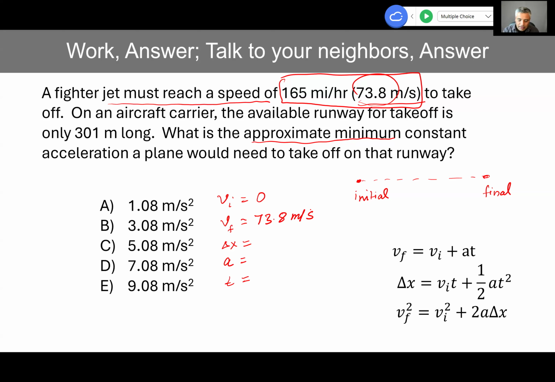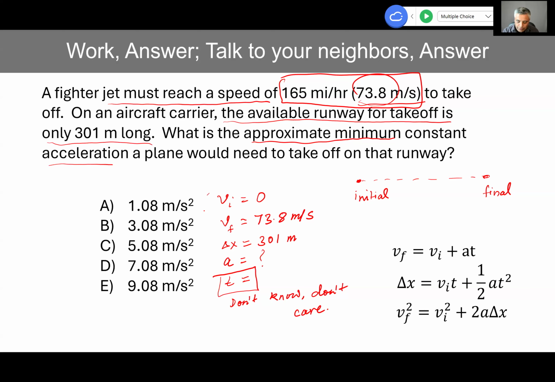And the available runway to take off is only this much long, so the maximum it can move before takeoff is that much. So displacement is just that number. Acceleration, that's what we are looking for. Time is not given, so don't know, don't care.